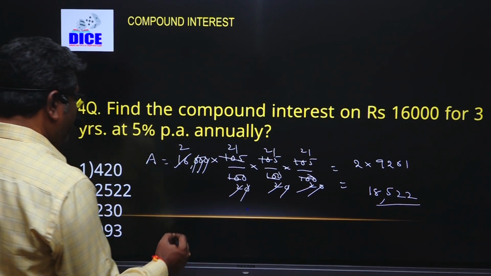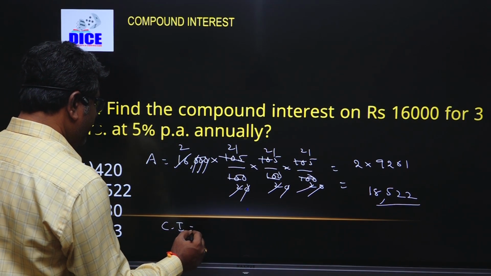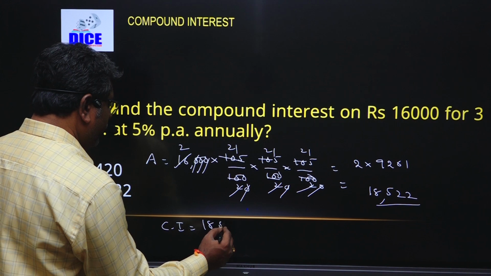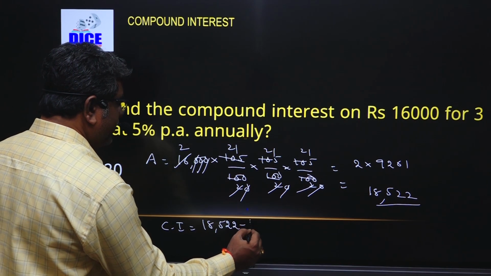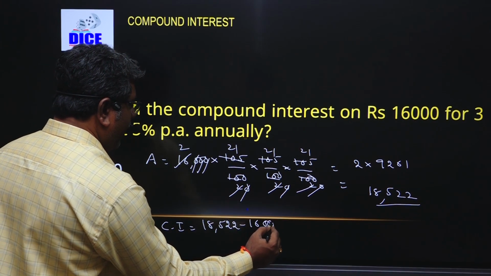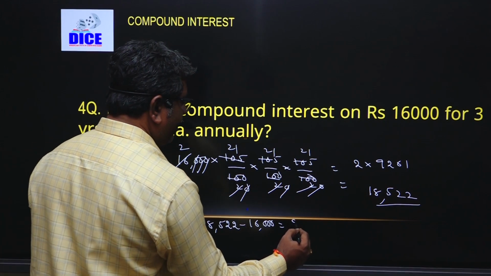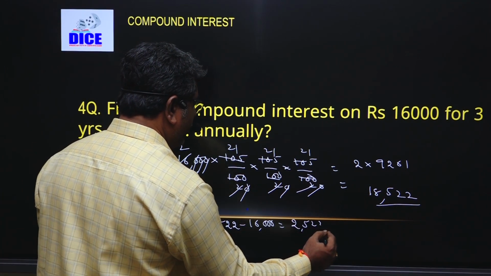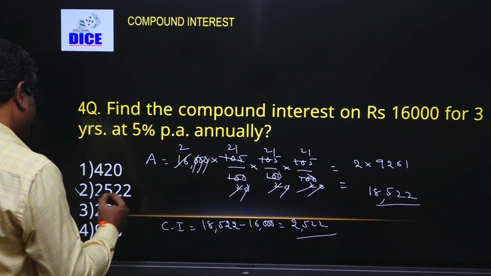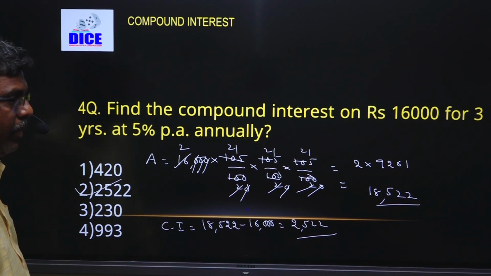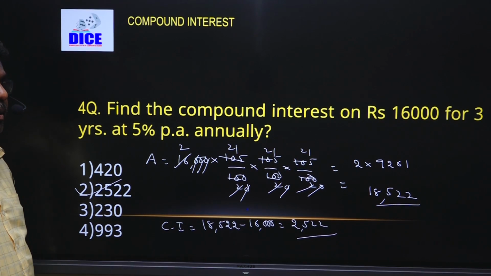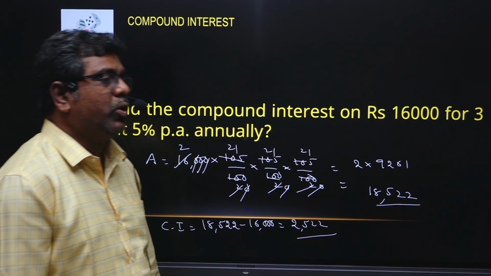So I want CI. CI is equal to 18,522 minus principal 16,000. So the final answer is 2,522 rupees. Here again 21 whole cube came. What is 21 whole cube? It is 9261.